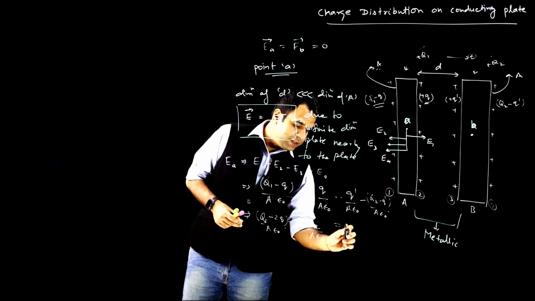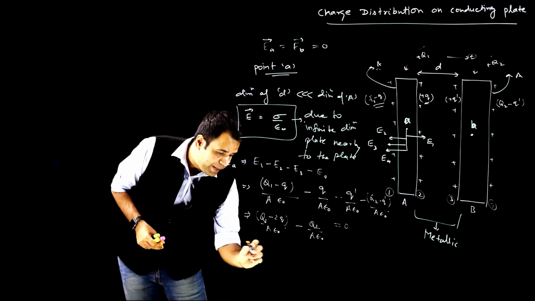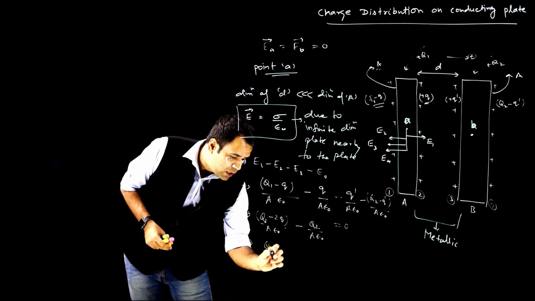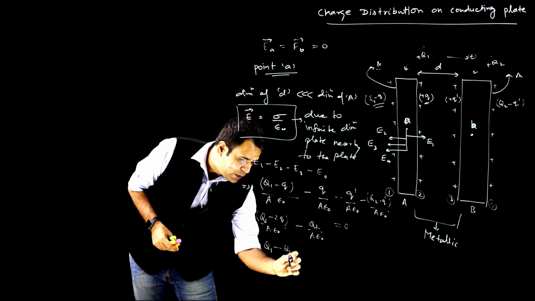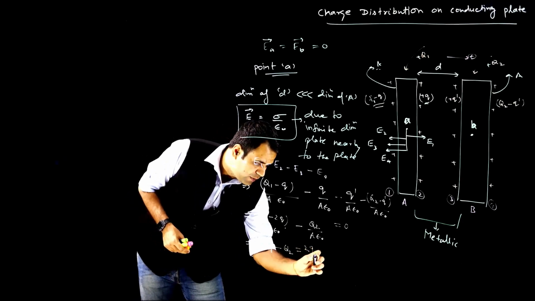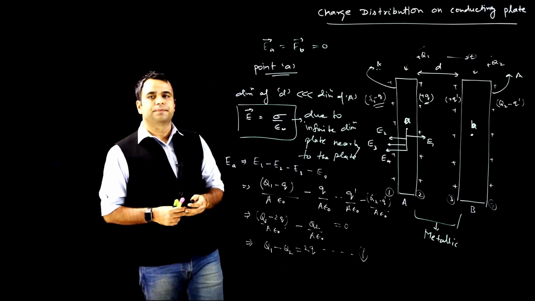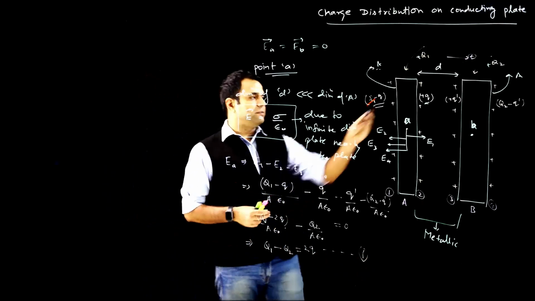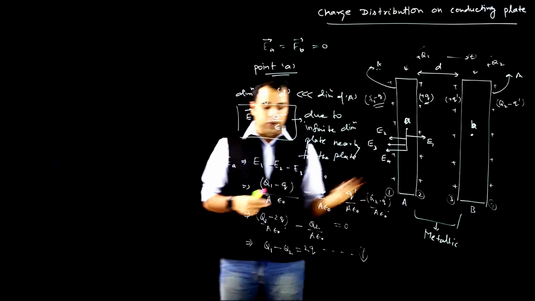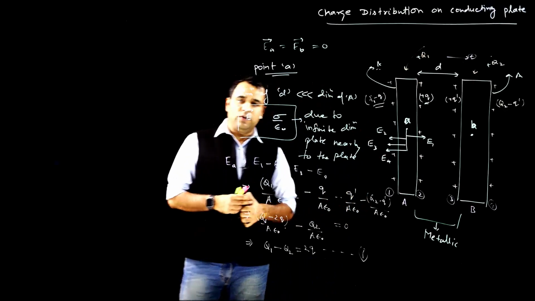This is Q1 actually. And this value is 0. So that makes Q1 minus Q2 equal to 2 times q. That is your equation 1. Because we want the values of small q and q dash in terms of Q1 and Q2.